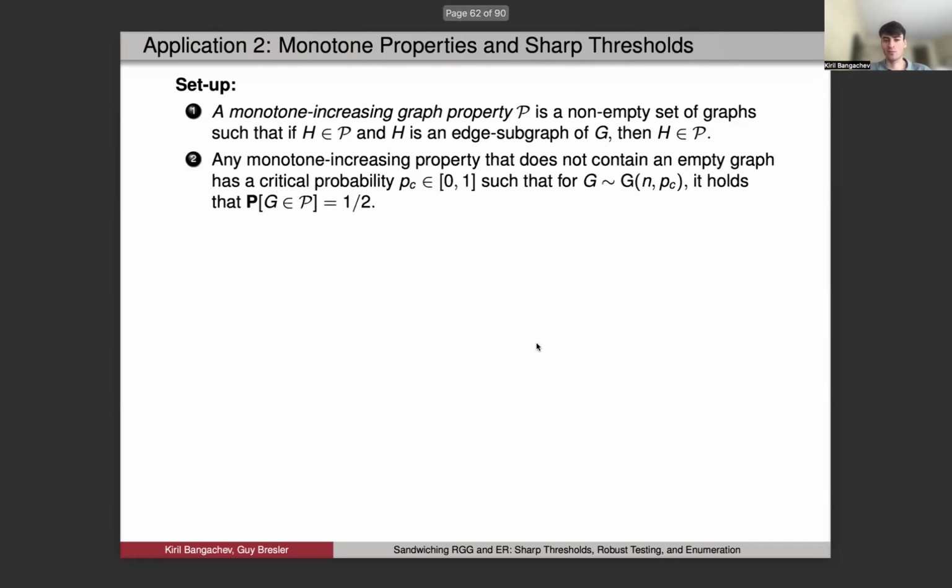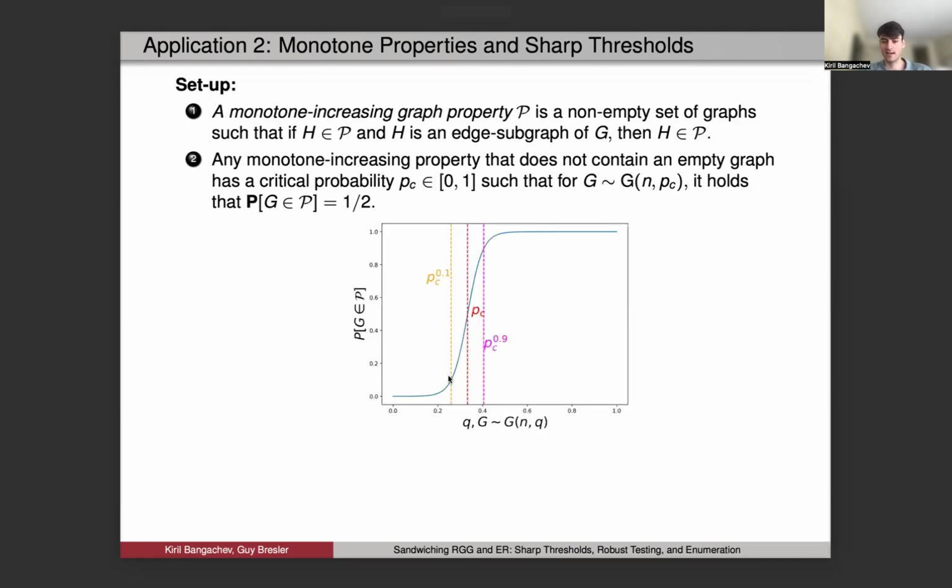Now, for any such property, which is not just all graphs, one can very easily show by continuity that there exists some critical probability such that if we draw a sample from the Erdos-Renyi with marginal edge density p critical, the property is satisfied with probability half. So in this diagram, suppose that the blue curve is the probability with which the property is satisfied for G(n,p).